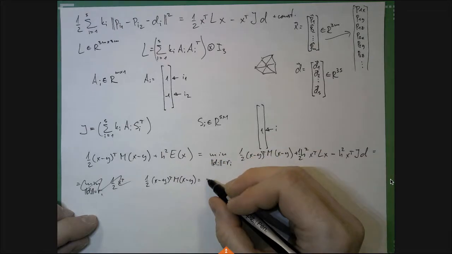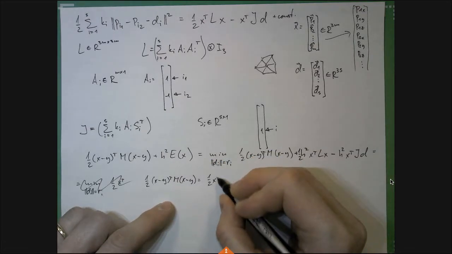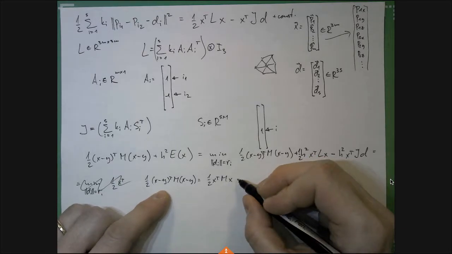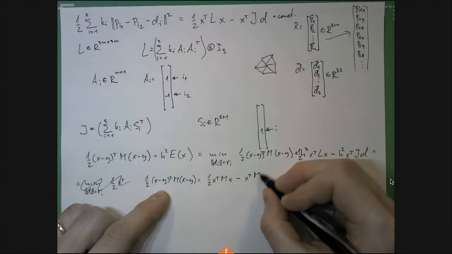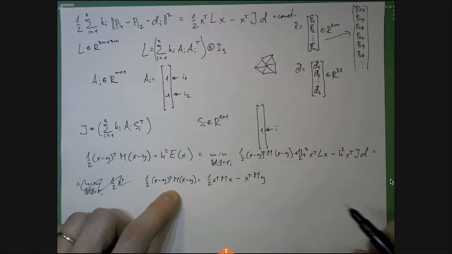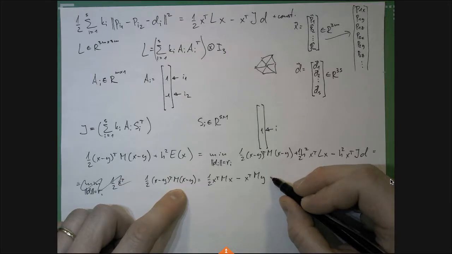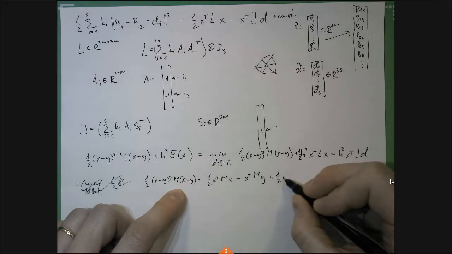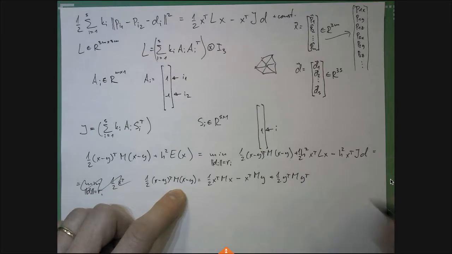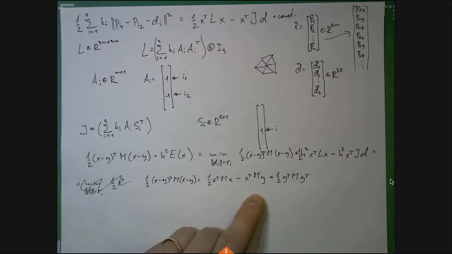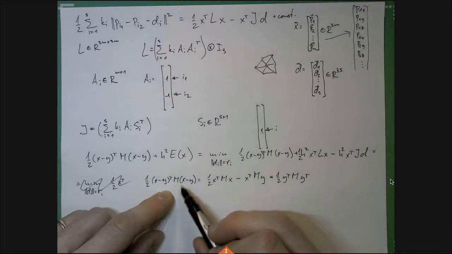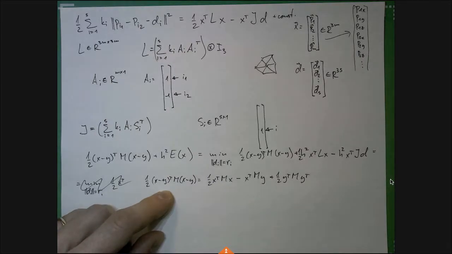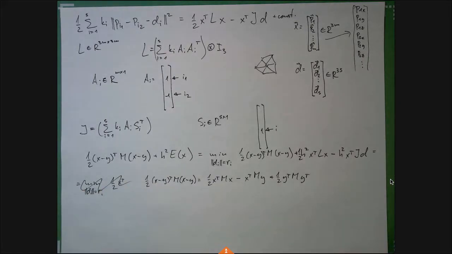I can write this as 1/2 x^T M x minus x^T M y, there twice, plus 1/2 y^T M y. Everybody's cool with that? We already did this a few times, right? You would have 1/2 x^T M y minus y^T M x, but it's just a scalar, so I can transpose it and sum it together, getting this.